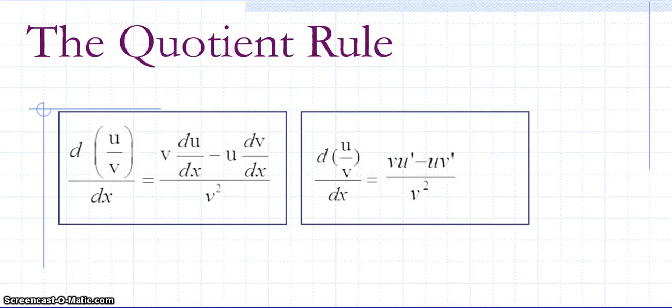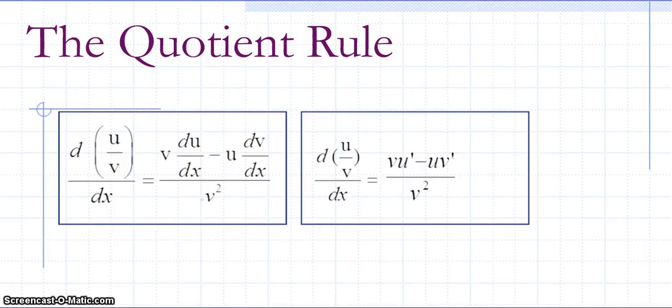The quotient rule. So the quotient rule is another rule that we can use if we're dividing two functions. So if I have d of u over v dx, it's v times the derivative of u with respect to x minus u times the derivative of v with respect to x, over v squared.